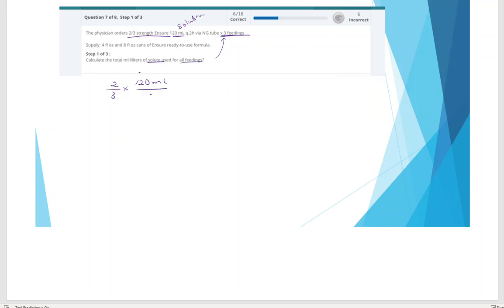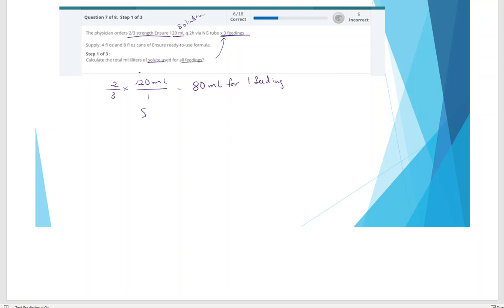So I'm going to take 2/3 times my 120 milliliters. I'm doing it different this time than I did the way before. So 2 times 120 is 240, divided by 3 is 80. So I need 80 milliliters of solute, and that's for one feeding, because he always orders it per feeding.